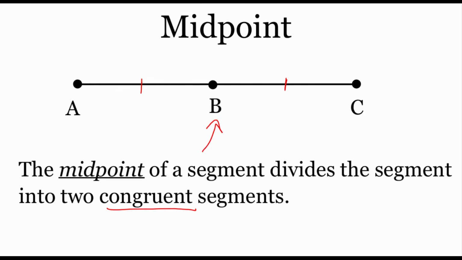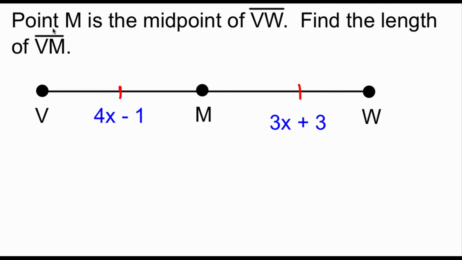Looking at this example, it says that point M is the midpoint of the segment VW, and we want to figure out how long the segment is from V to M. We're given some algebraic expressions to help us out. M is the midpoint, and we've already got our congruence markings on the segment. So we know that VM is congruent to MW.